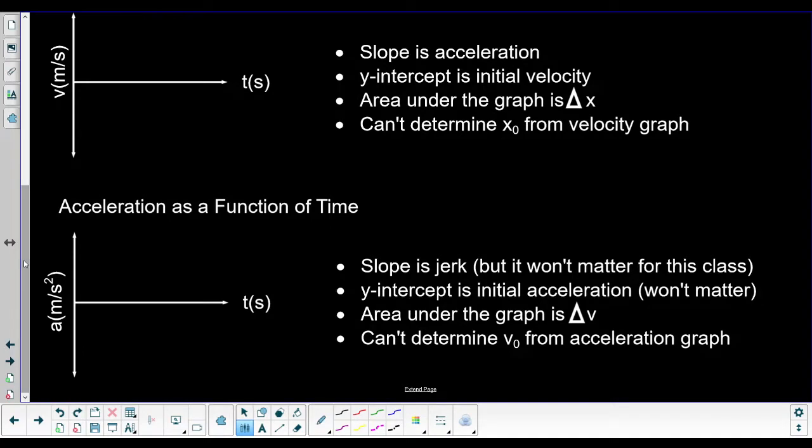Because for acceleration in this class particularly, we're going to look at either constant accelerations or accelerations that are what are called piecewise graphs, meaning they're going to look like this most of the time.